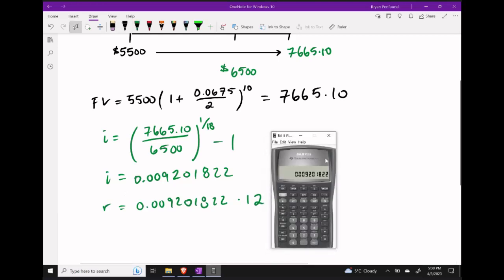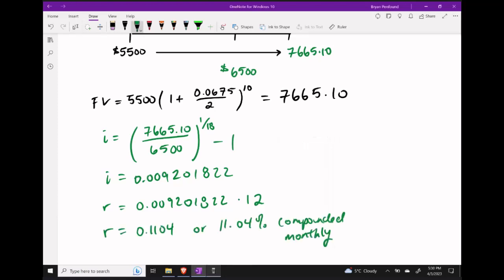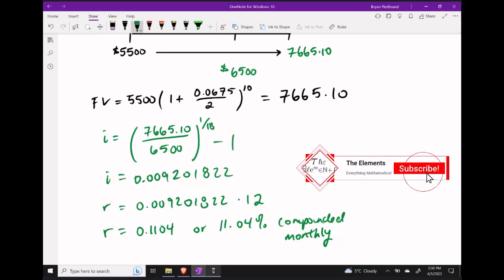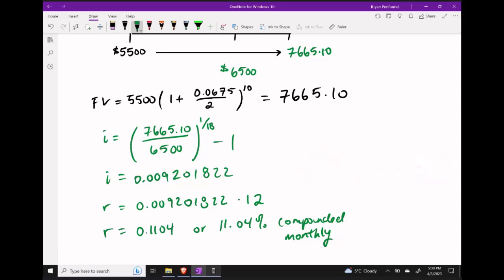Pulling up our calculator, let's multiply that decimal number by 12, and we get about 0.1104. So this tells us that the monthly compounded rate that the buyer is going to realize on their investment is going to be about 11.04% compounded monthly.